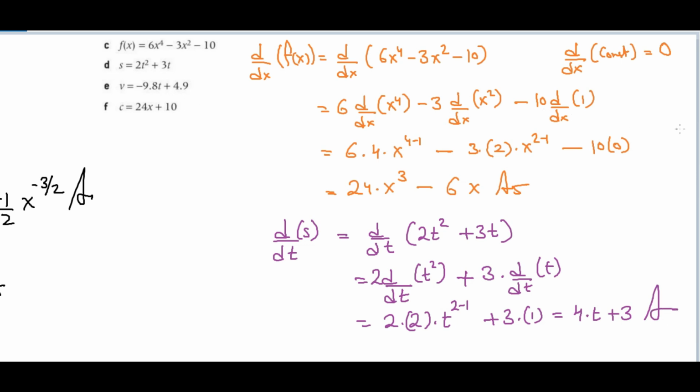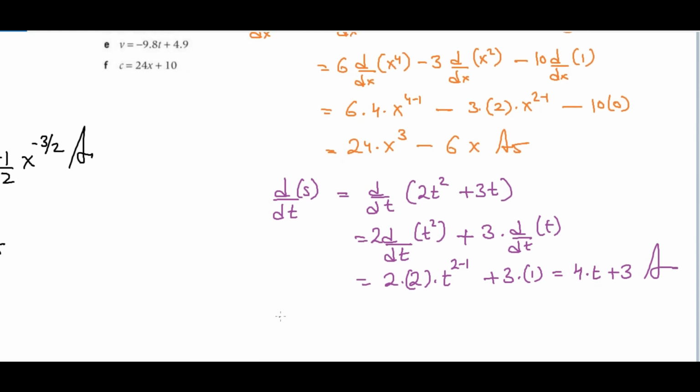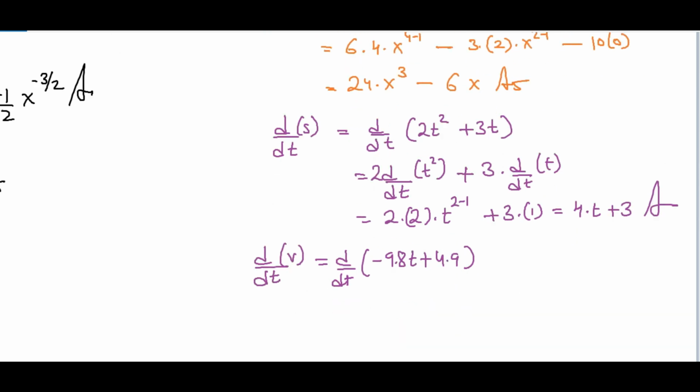Let's talk about the e part. The e part is dy by dt. Y is here v. So dy by dt of negative 9.8t plus 4.9, we need to differentiate this.